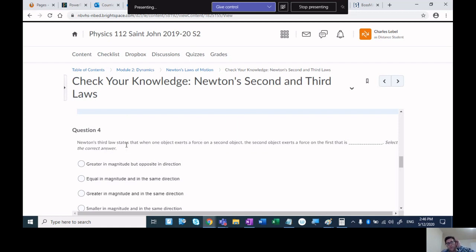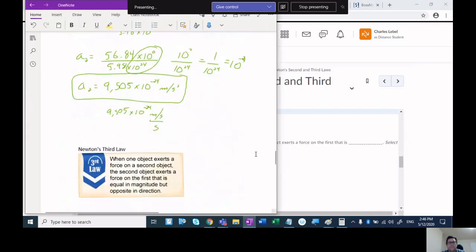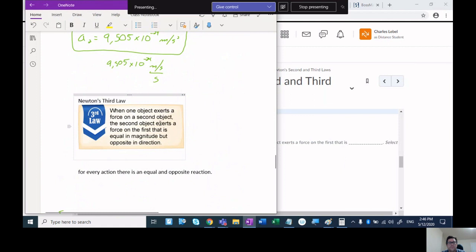Newton's third law states that when one object exerts a force on a second object, the second object exerts a force on the first object that is equal in magnitude, opposite in direction.